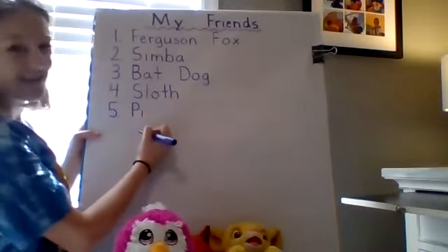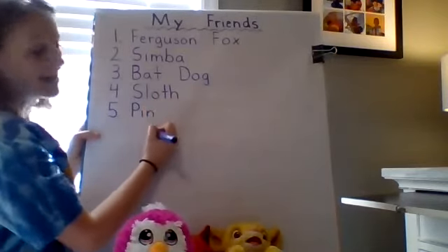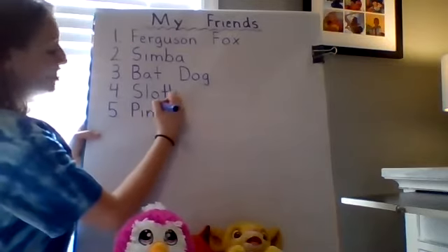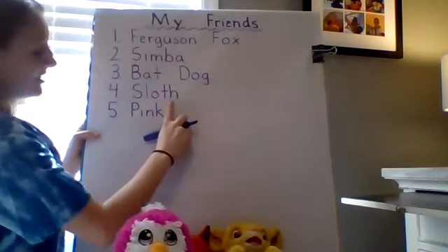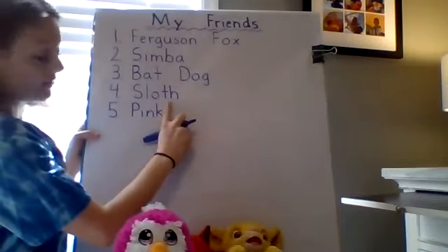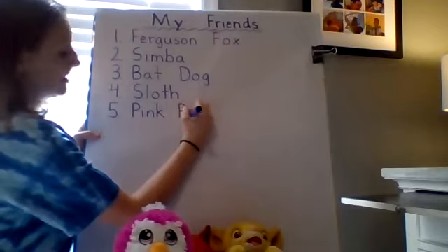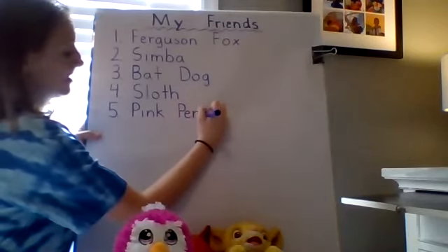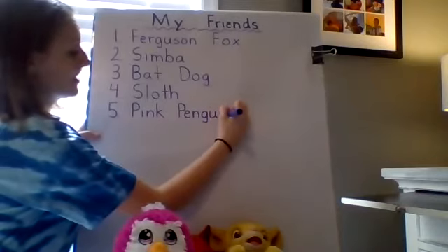I. This sound is tricky. We're going to break it down. And then K. And in pink, it's just a K. And then we're going to use the word penguin. We use a finger space, and I'm going to help you spell penguin, capital P, E, N, G, U, I, N.